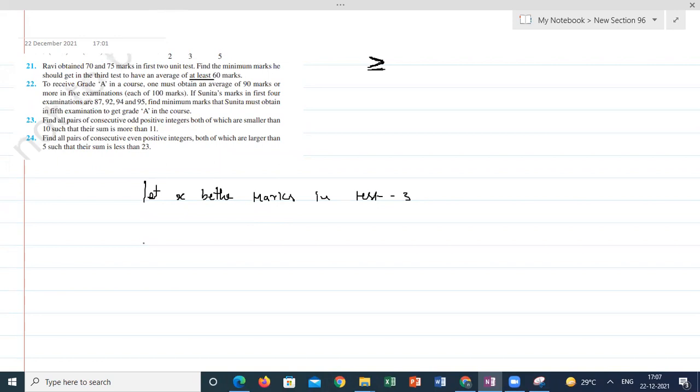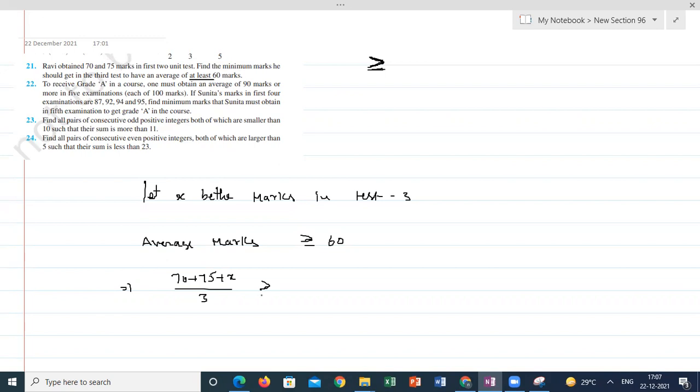So the average marks must be greater than or equal to at least 60, that is greater than or equal to 60. The average of all the marks is (70 plus 75 plus X) by 3. The average of 3 tests will be the marks scored in those 3 tests divided by 3.